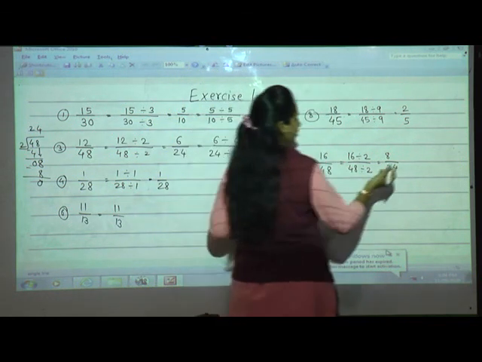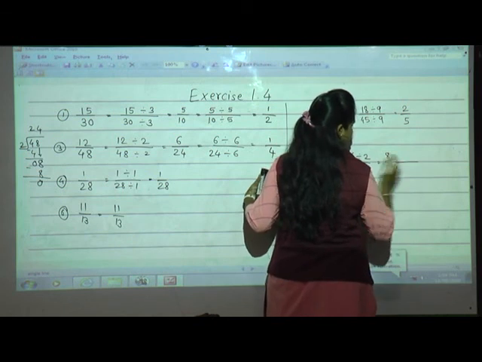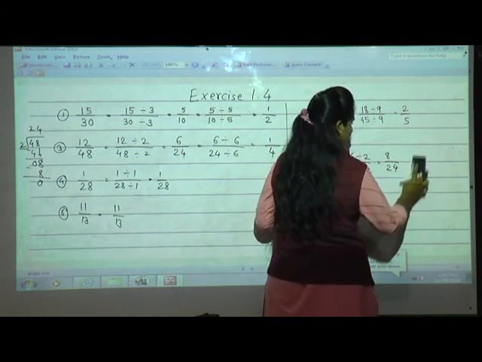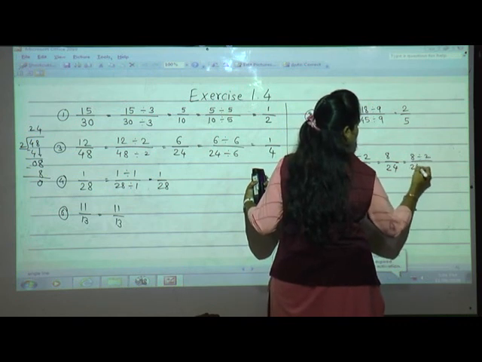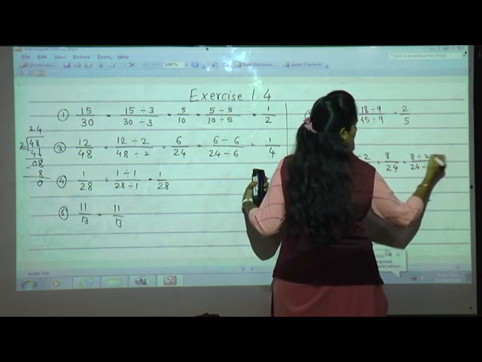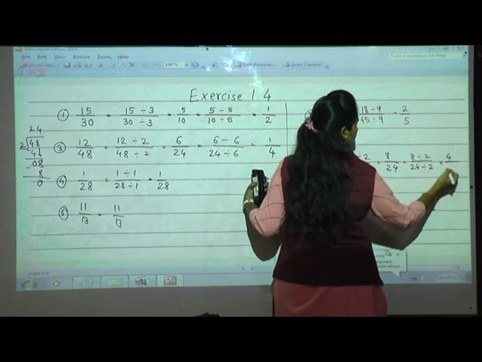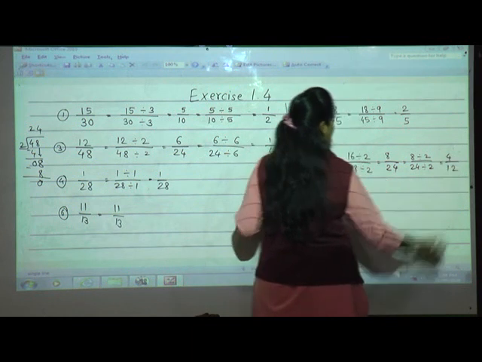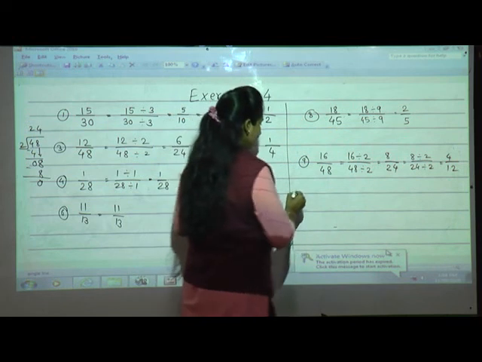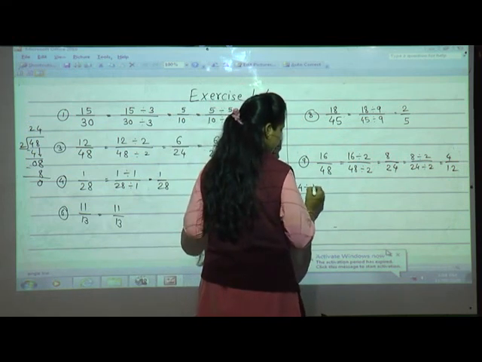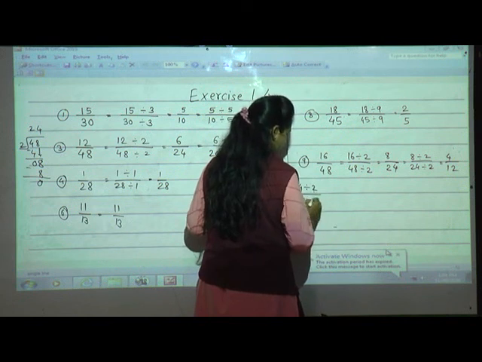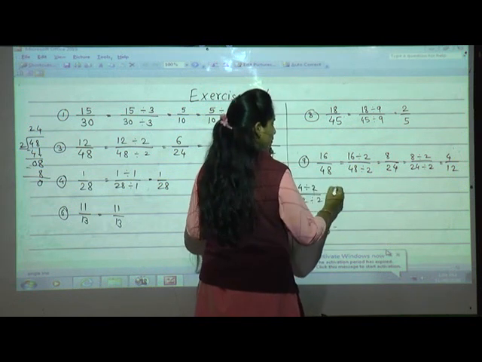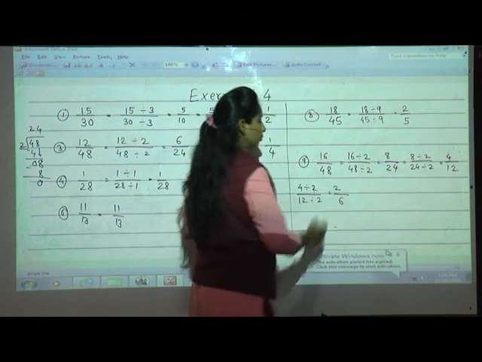Again we can divide this with 2 only. 2 4s are 8, 2 1s are 2, 2 2s are 4. Again we can divide this with 2 only. 12 divided by 2: 2 2s are 4, 2 6s are 12.